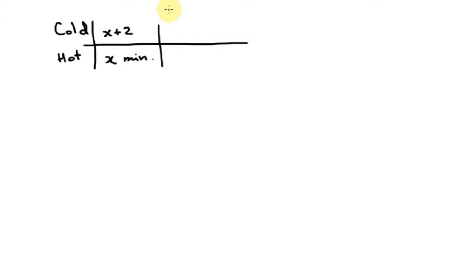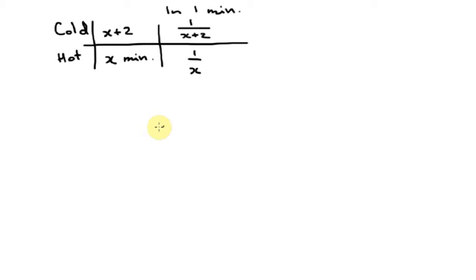Now that means in 1 minute, how much of the tub does each tap fill? Well, the cold tap would be 1/(X plus 2). That's the fraction that the cold water tap has filled in 1 minute. Similarly, the hot water tap fills 1/X of the tub.